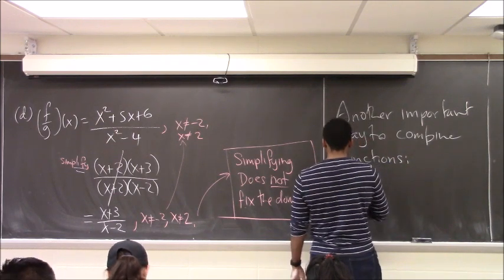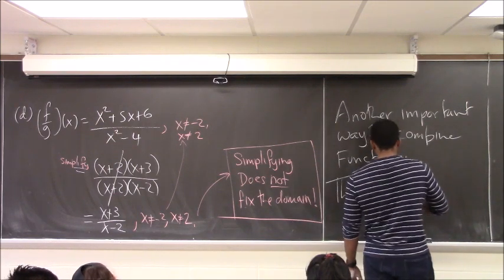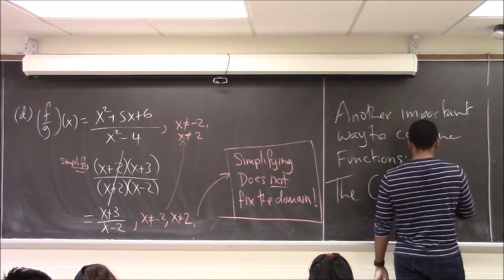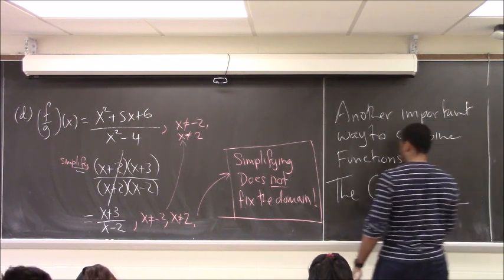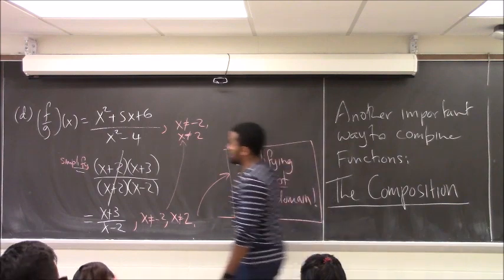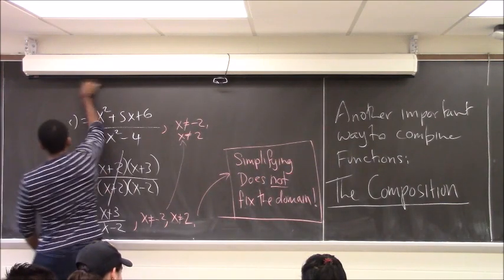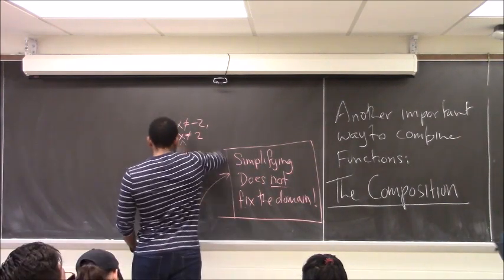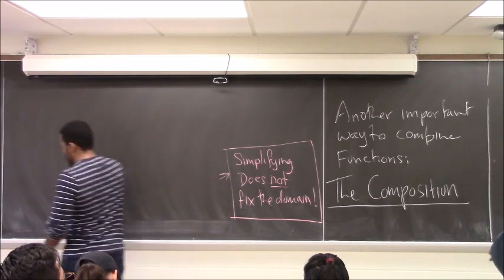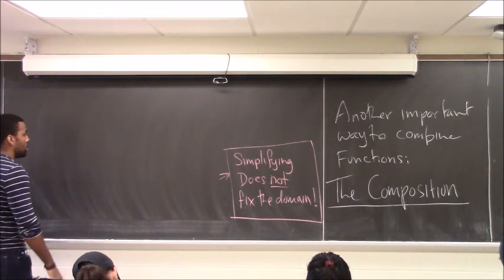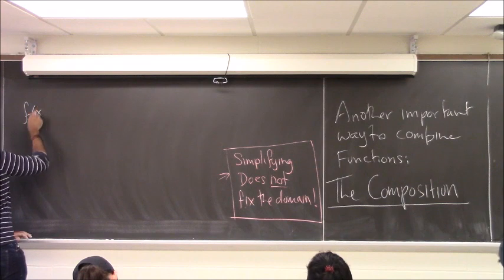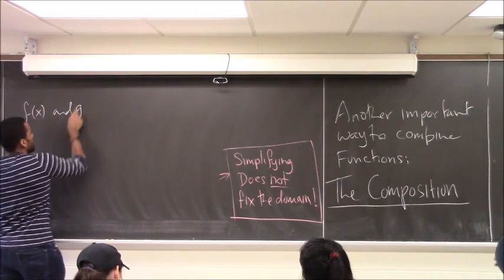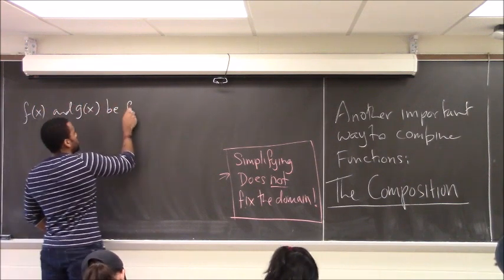Another important way to combine functions is called the composition. So here's what a composition is, as well as why we like them. So let f and g be functions.